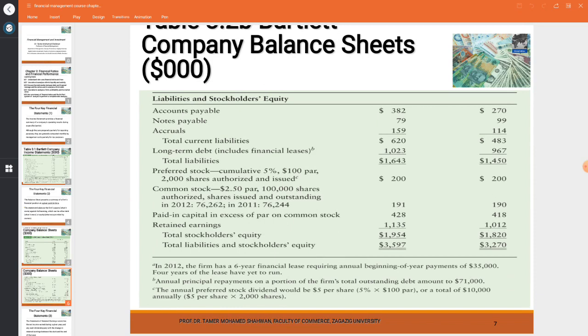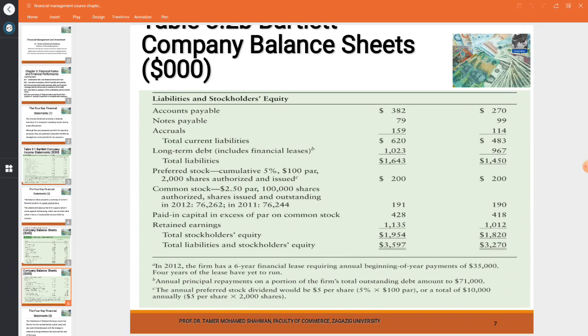As you see, this side of your balance sheet starts with liabilities, and liabilities can be divided into current and long-term liabilities. Our current liabilities are accounts payable, notes payable, and accruals.